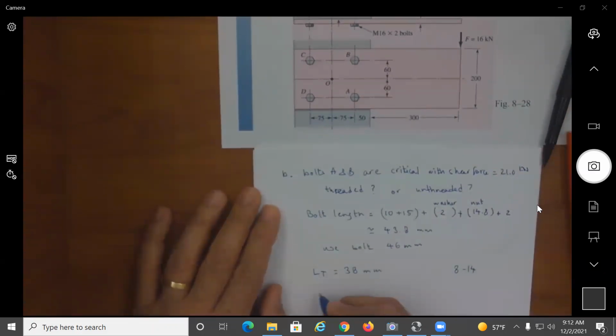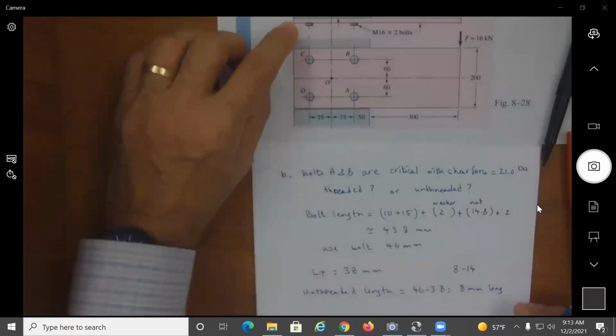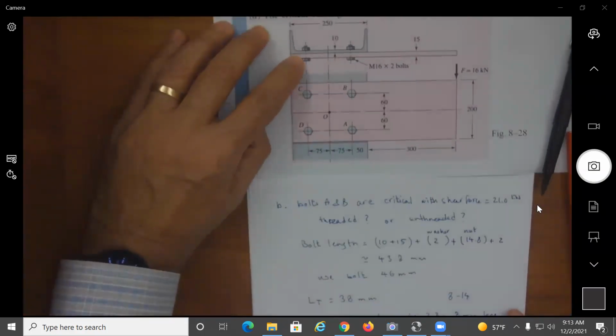So the unthreaded length will be 46 minus 38, which is 8 millimeter long. This 8 millimeter is less than the 15 millimeter.